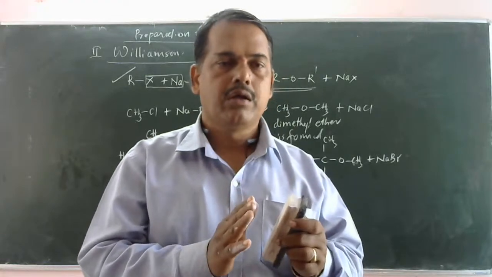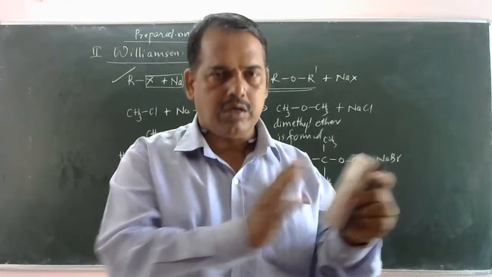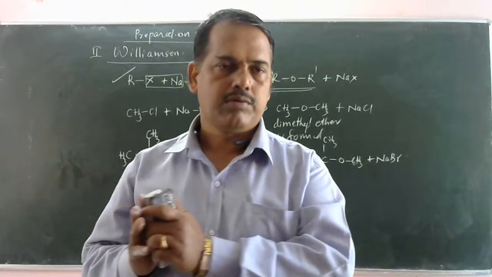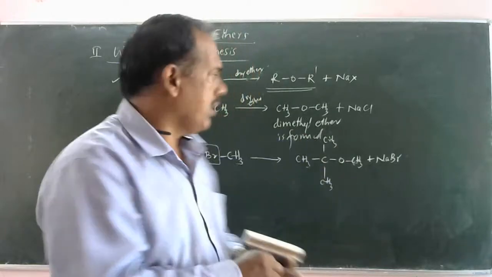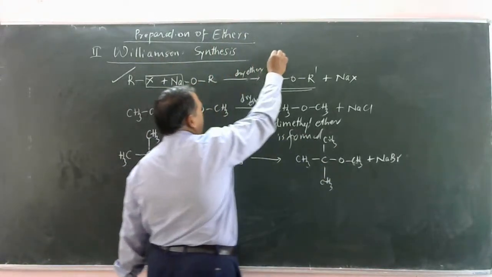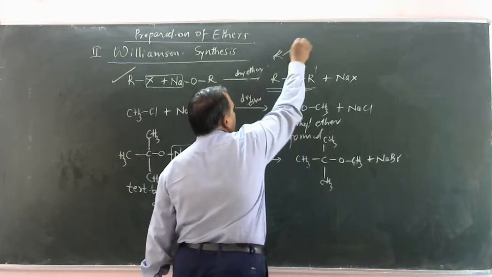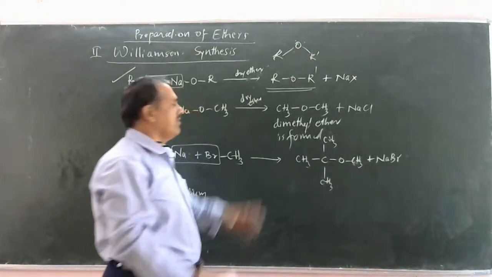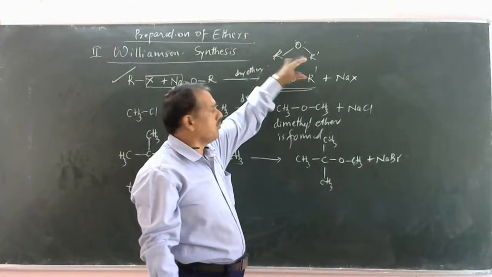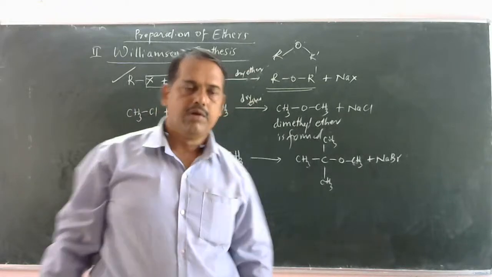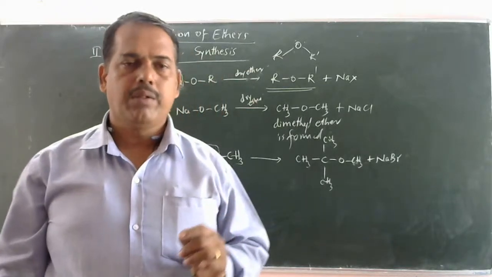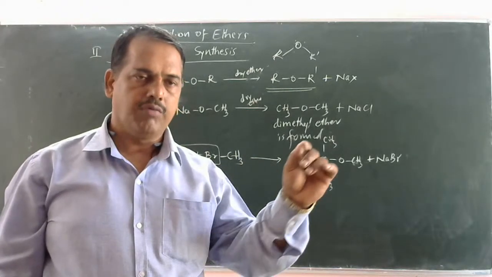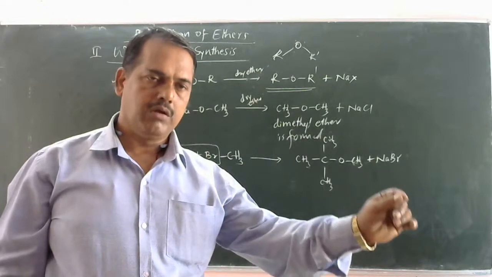If you compare the boiling point of ether and alcohol, the alcohol's boiling point is more. You already studied the structure, R-O-R', of ether. Here the bond angle at the oxygen atom is more than the tetrahedral bond angle. You have to remember the boiling point of ether is less than that of alcohol of similar molecular mass.